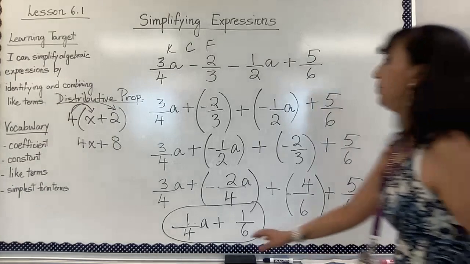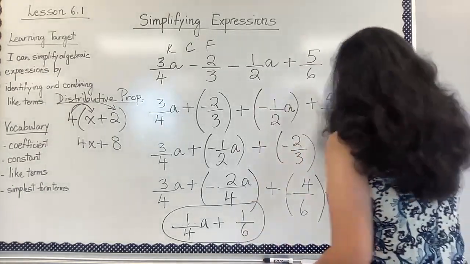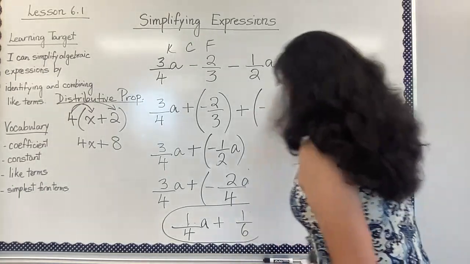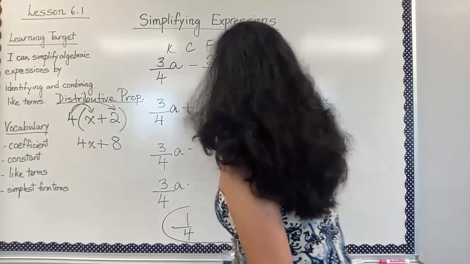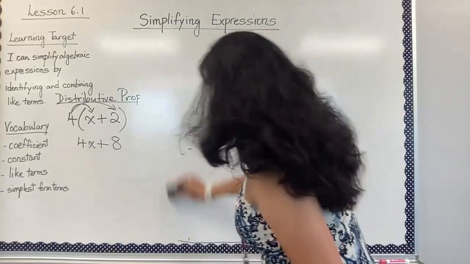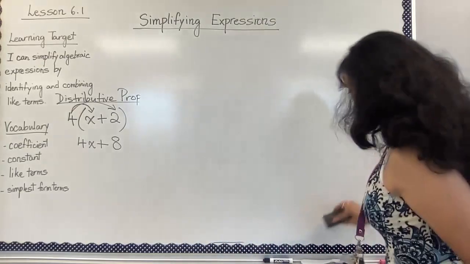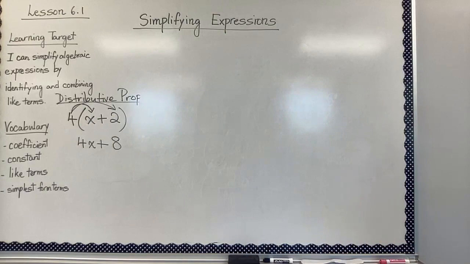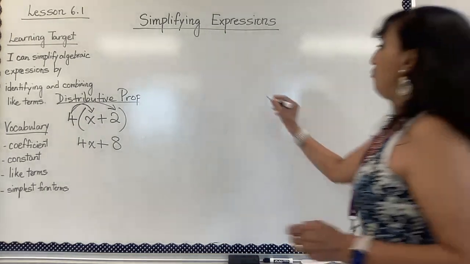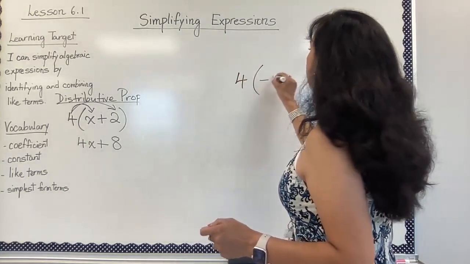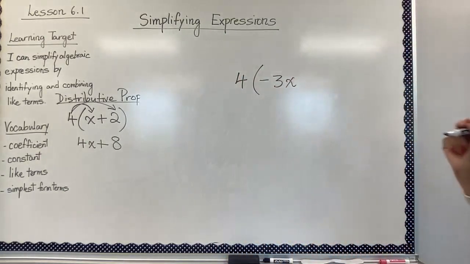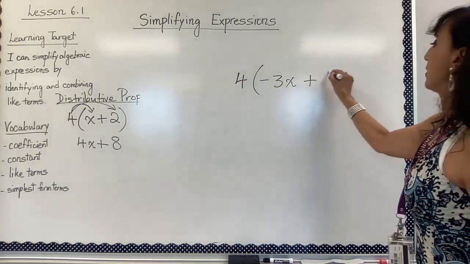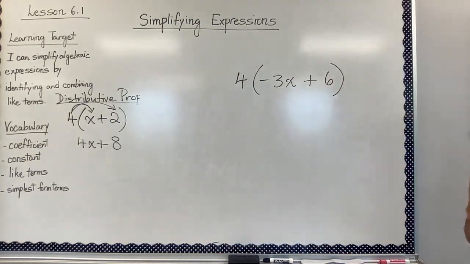So let's say I have to distribute over addition, and I am given 4 times (negative 3x plus 6). All I'm going to do is use the distributive property.